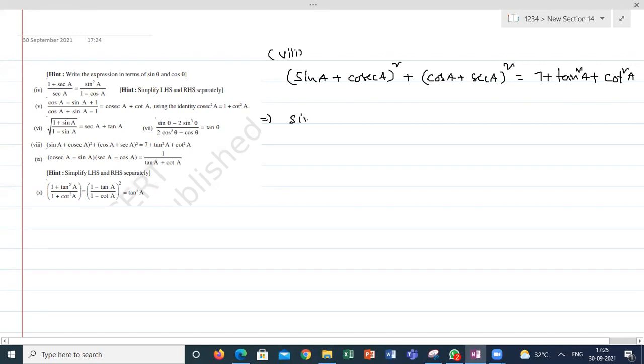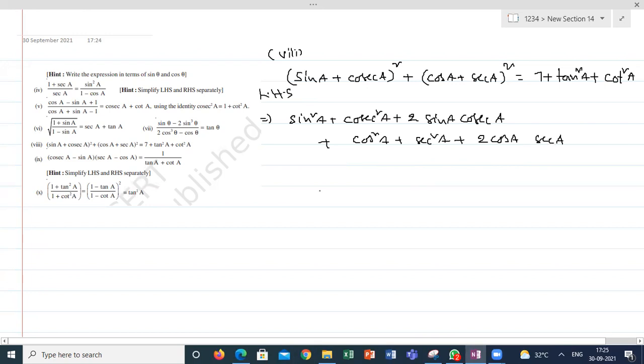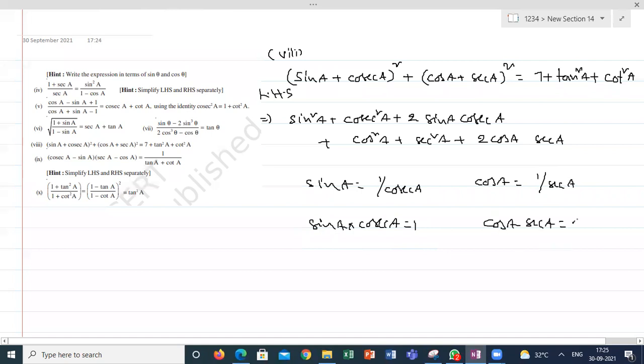So sin square A plus cosecant square A plus 2 sin A cosecant A, on the LHS only, plus cos square A plus secant square A plus 2 cos A into secant A. We know sin A is equal to 1 by cosecant A, and cos A is equal to 1 by secant A. So the product of sin A and cosecant A is 1, and the product of cos A and secant A is 1.